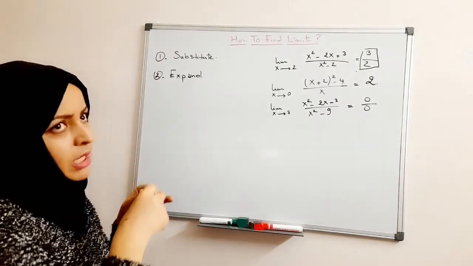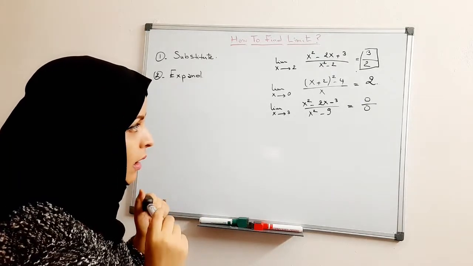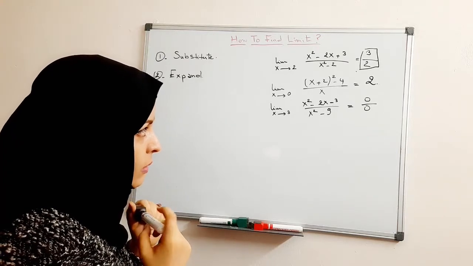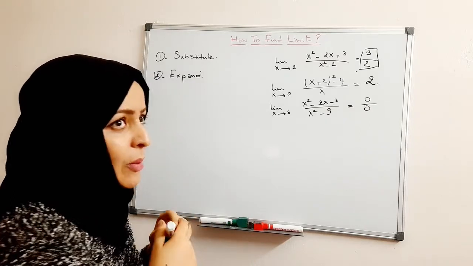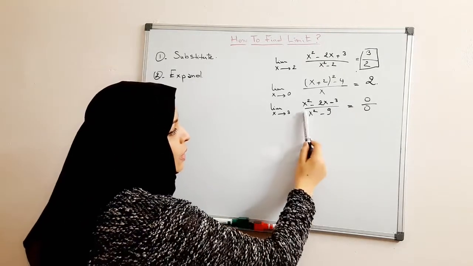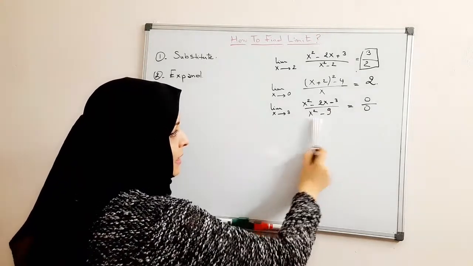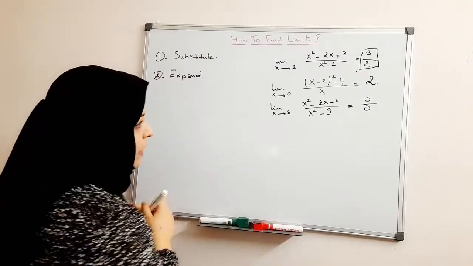So here we have to think to do something. What can we do in this case? We don't even have parentheses to open or to expand. But if you notice, we have a remarkable identity in the denominator.